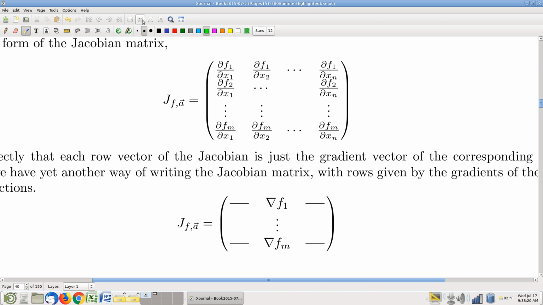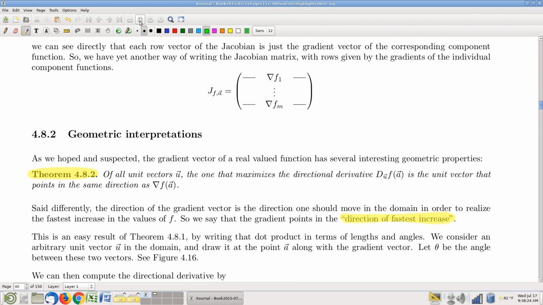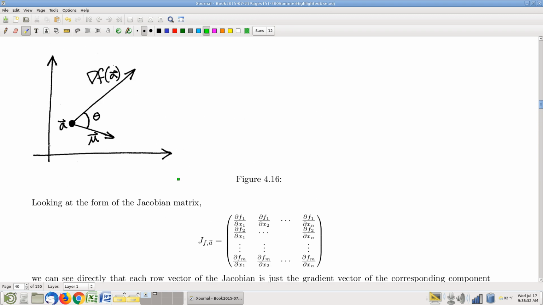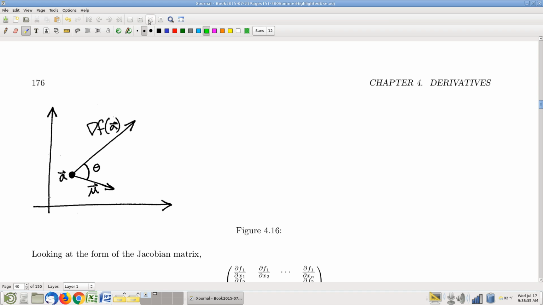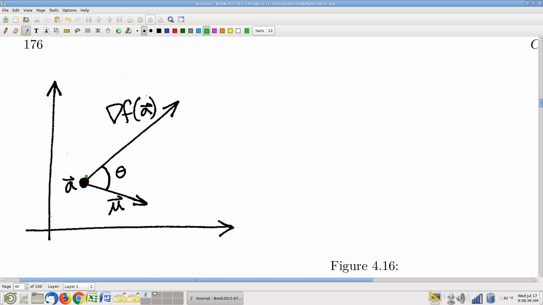So here is now a question I want to ask that's going to have a lovely answer. Let's think about all possible unit vectors. Let's look at this picture here. I am sitting at a certain point in R2, let's say. It could be R3, whatever, Rn. There is some function f that I'm interested in.